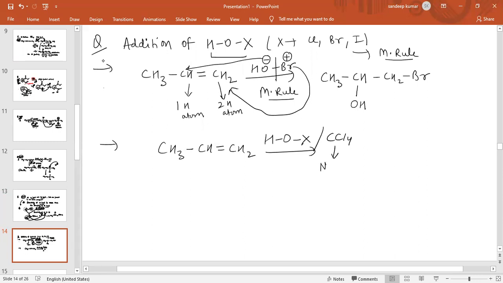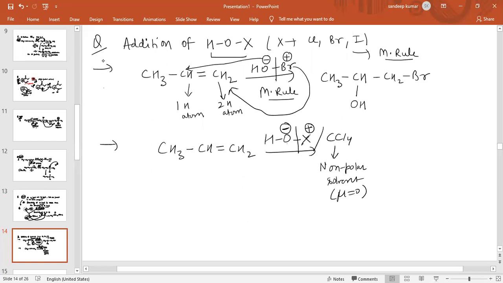CCl4 is a non-polar solvent, so the dipole moment of this compound is 0. Now, this bond will break in such a way that this oxygen atom will bear negative charge and this halogen will bear positive charge, because of the higher electronegativity of oxygen than halogen.